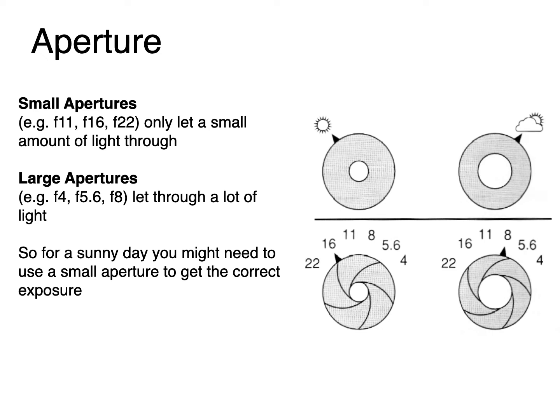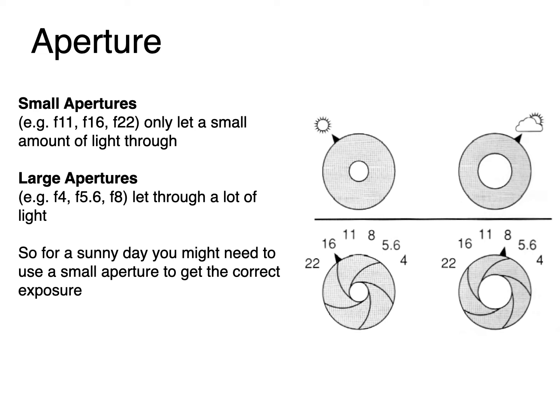If the numbers are less, then the hole is big. For example, the large apertures f4 and f5.6 let through a lot of light. See the difference between f16 and f8: in f16, the hole is small compared to f8.